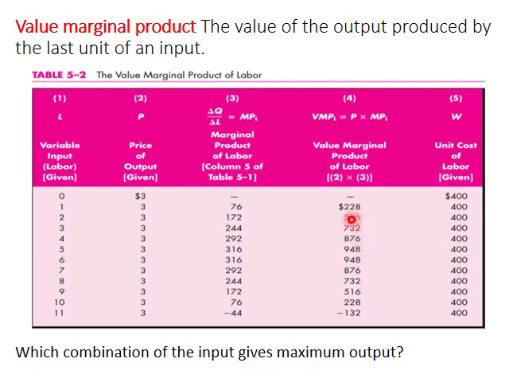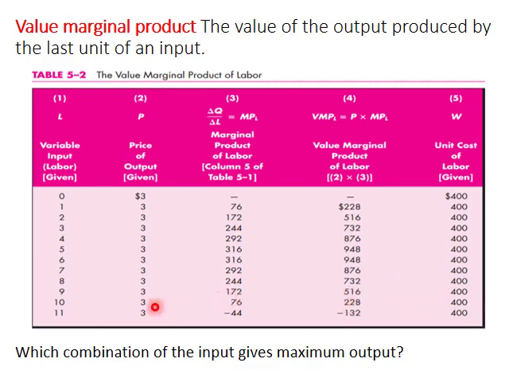So here, as we compare, this one is greater than 400, and this one is also greater. As far as this side is greater than this side, we can continuously add more and more input variables, that is labor. So here it is less than 400.